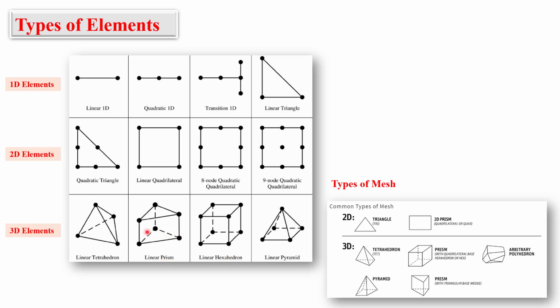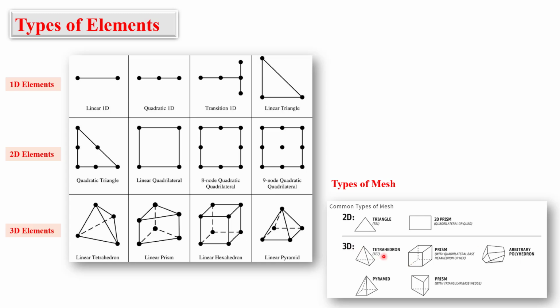So these are all the solid elements, 3D elements, and taking all these things, we mesh the model. When it comes to 2D mesh, we call it trias and quads. When it comes to 3D, we have the tet mesh and the hex mesh. Likewise we have prisms, pyramids, and arbitrary polyhedrons.